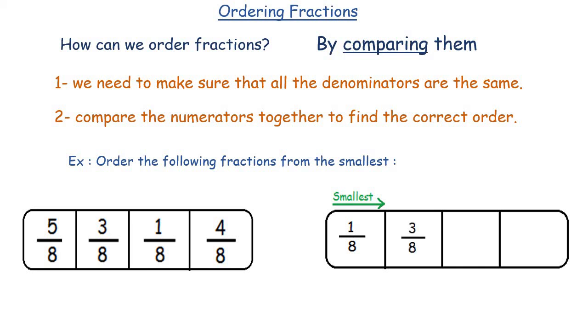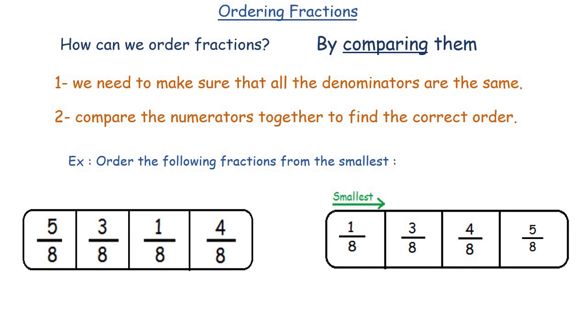It's 3/8. Excellent. So now I have 4/8 and 5/8. Which one is the smallest? So each time I need to ask myself, which one is the smallest? 4/8 is smaller than 5/8. Excellent. And the last one is 5/8. So it will be the biggest because it's the last one.